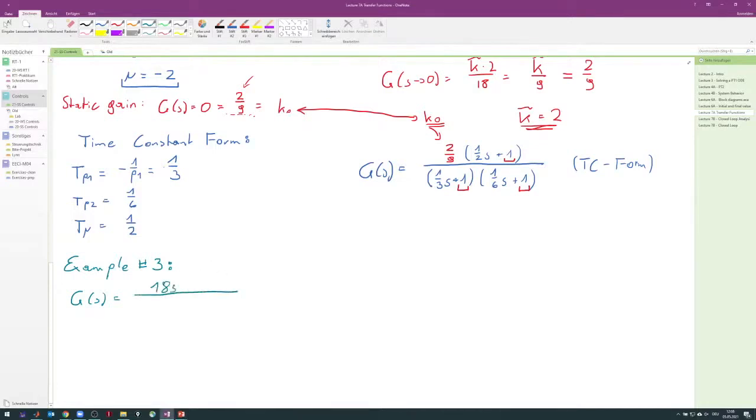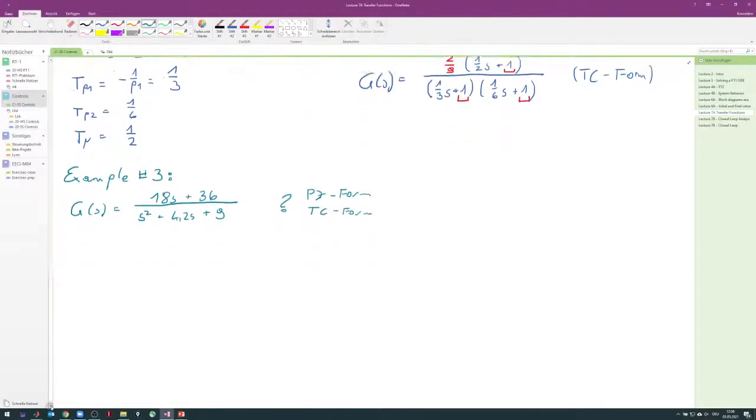So we've got (18s plus 36) over (s squared plus 4.2s plus 9). Okay, we again have one zero and two poles, right? And we want to know the pole zero form and the time constant form.